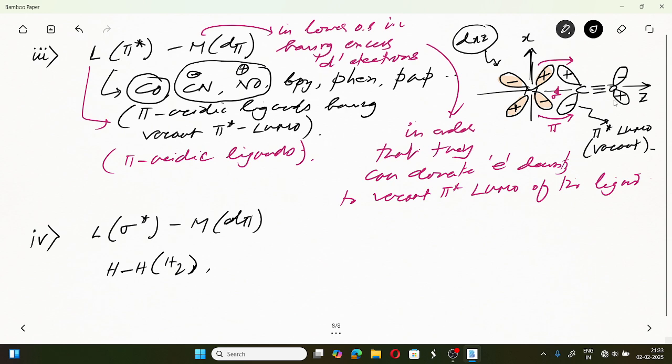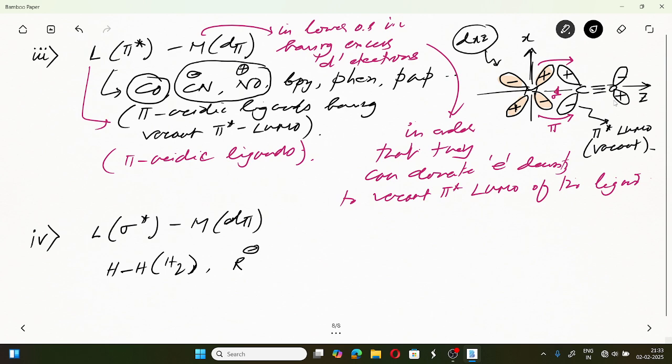It can also be CH3 minus, alkyl rather, we can say alkyl groups can also participate in this type of pi bonding.